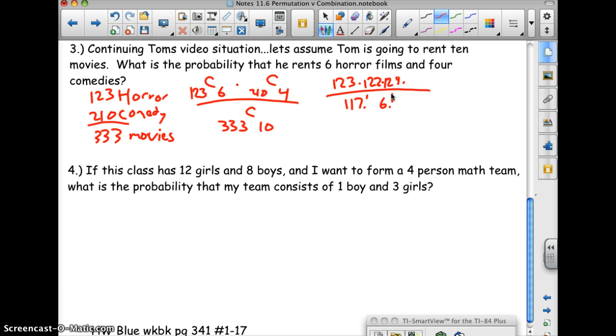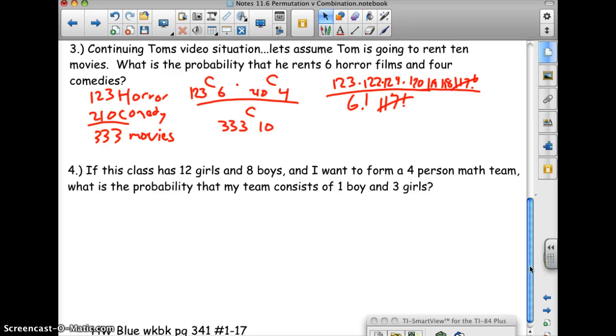You can see I can kind of stop here when I get to 117. So 120, 119, 118, 117 factorial, and then these will cancel. Then I can figure out 6 factorial, multiply those and get 123C6. Or you can use your calculator.